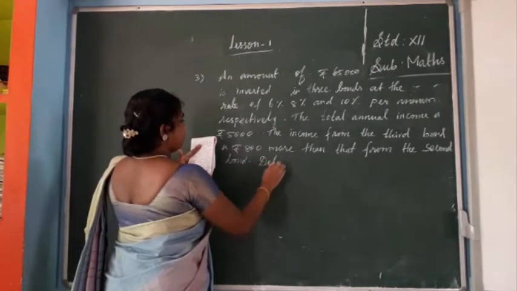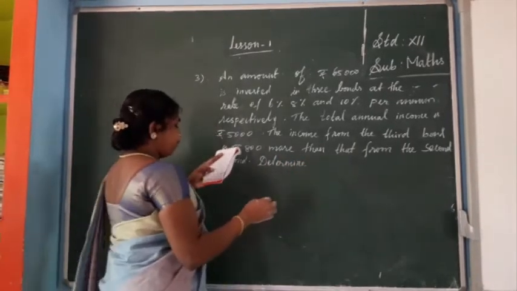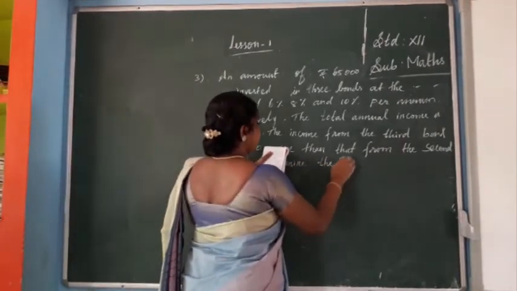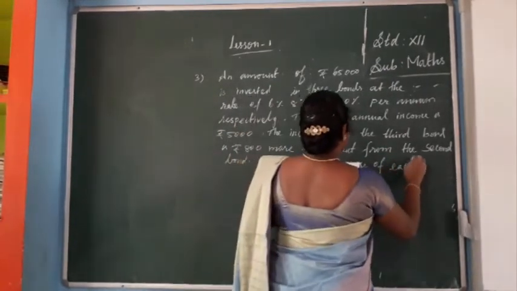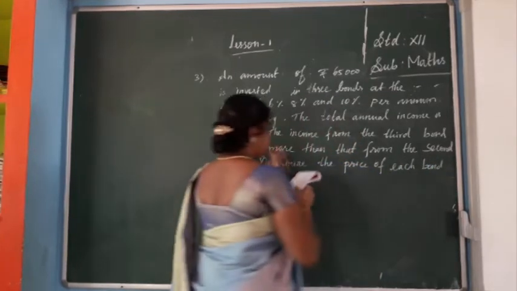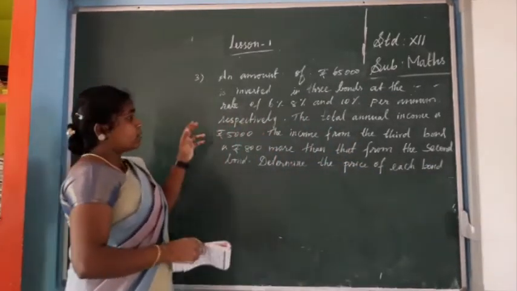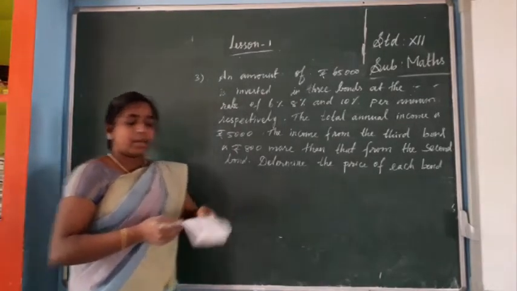Determine the price of each bond. Here also, in brackets, they have given: use Gaussian elimination method.